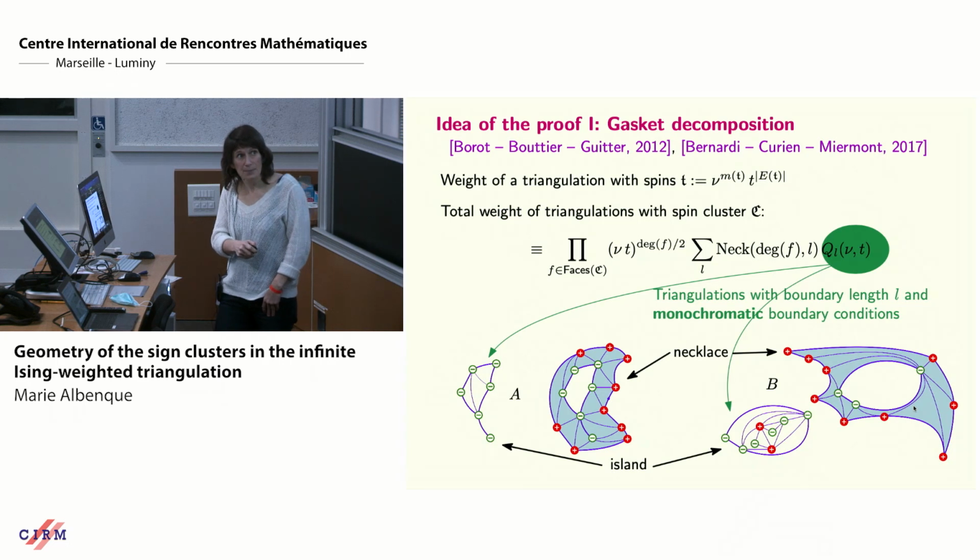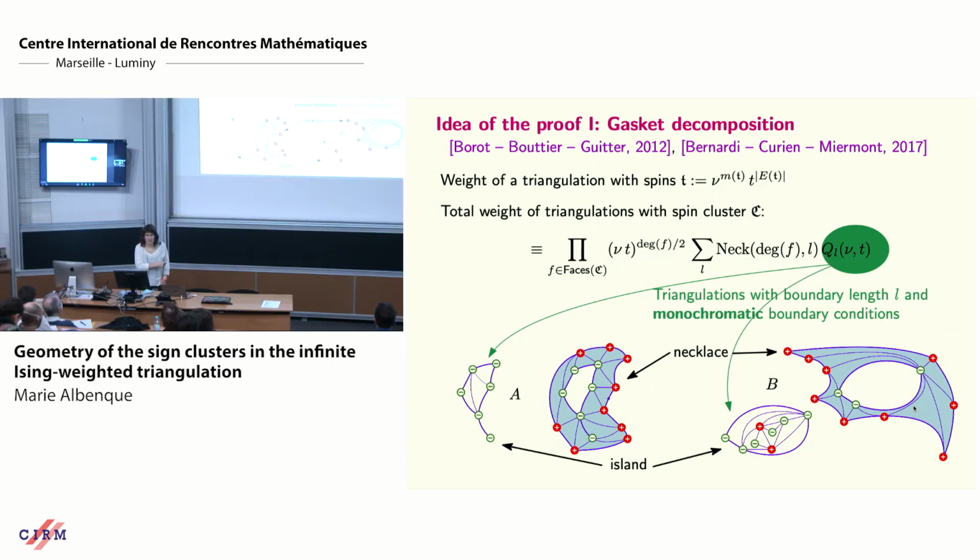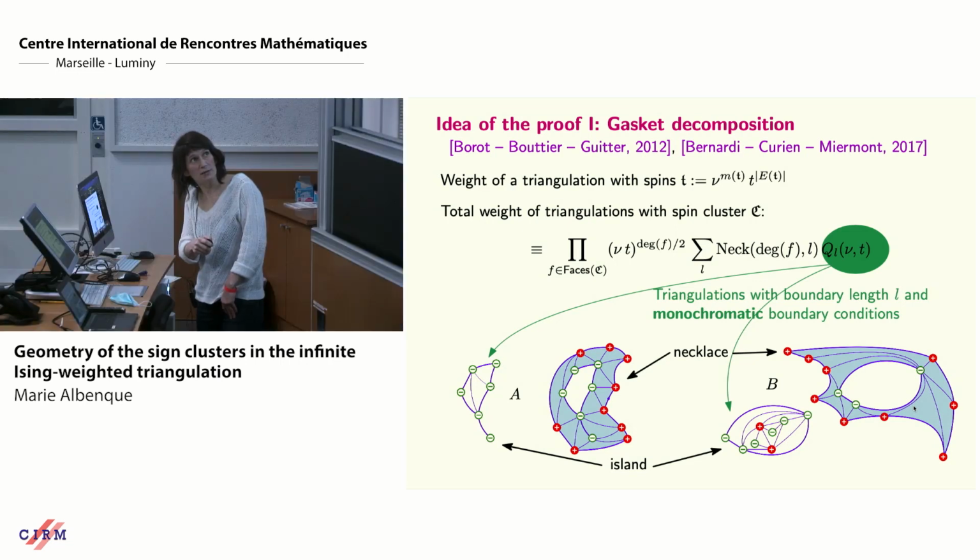Then I have to account for the weight of the inside. So they are monochromatic Ising-weighted triangulations with monochromatic boundary. So I need to introduce this generating series of triangulations with a monochromatic fixed boundary, where L is the length of the boundary which I have here.